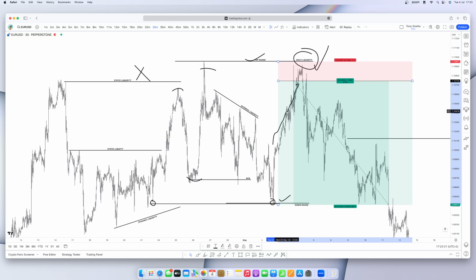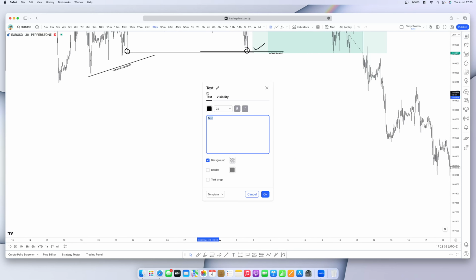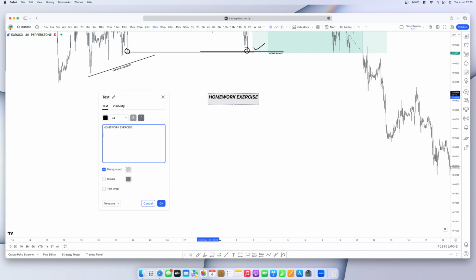That's it. So now, what I want you to do as your homework exercise is that, so let me write down homework exercise. So this is your homework exercise now. Identify 2 for each, okay? 2 for each examples of a number one, static liquidity.